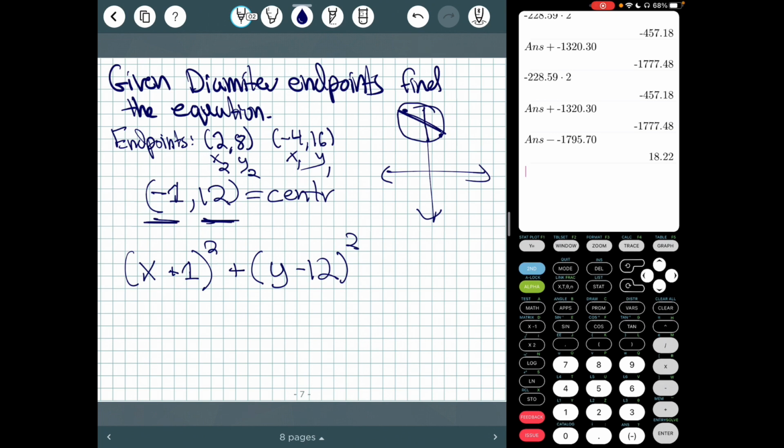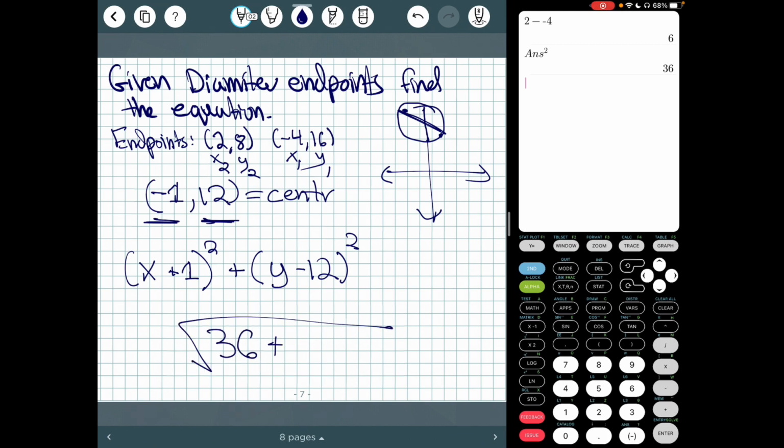So 2 minus -4, and then we square that, and we have 36. Remember, we're taking the square root of this whole thing, which is the formula, plus 8 minus 16, and we square that, and we get 64.